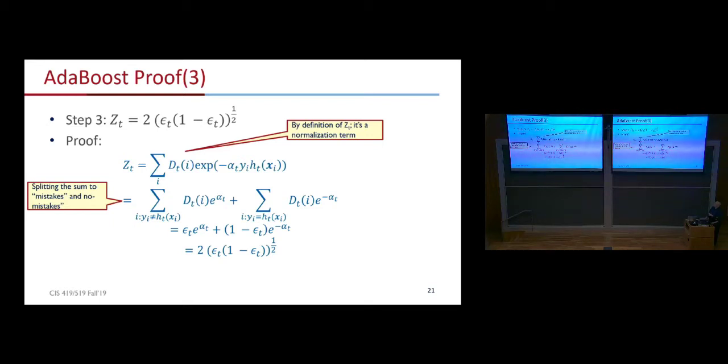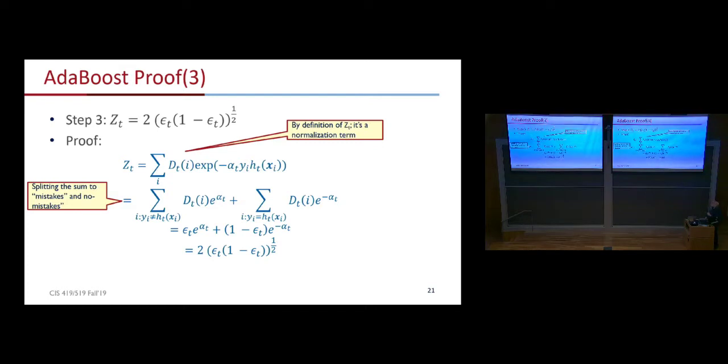What do you get here inside? But you know exactly what it is. What is the sum of D_t of i over all i's on which I made a mistake? It's the error.